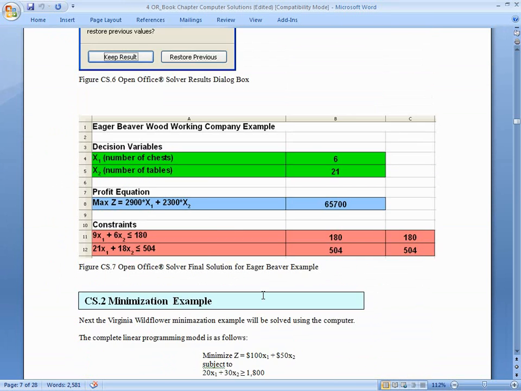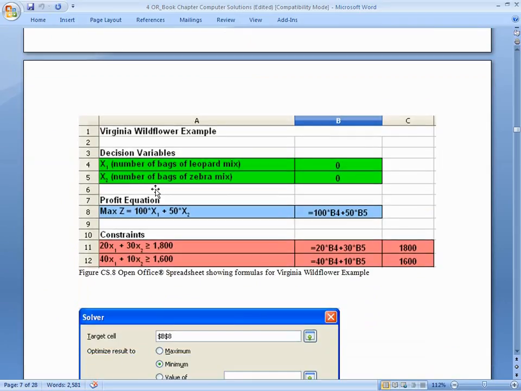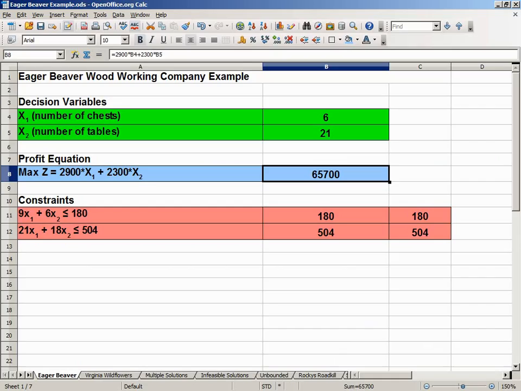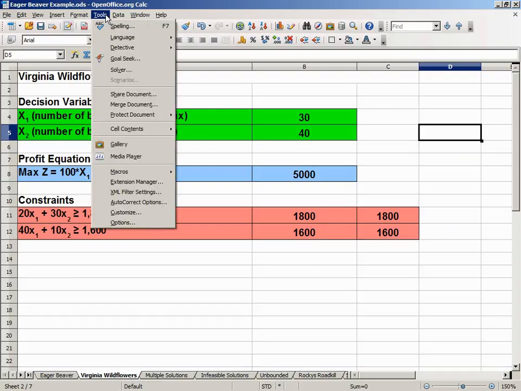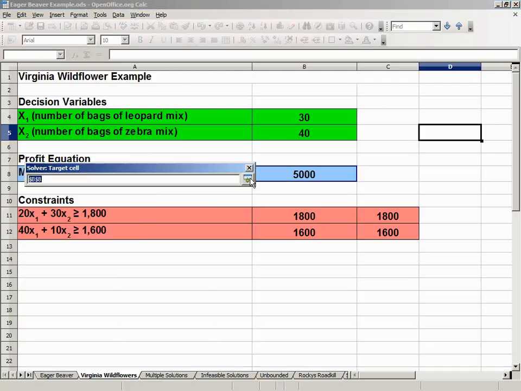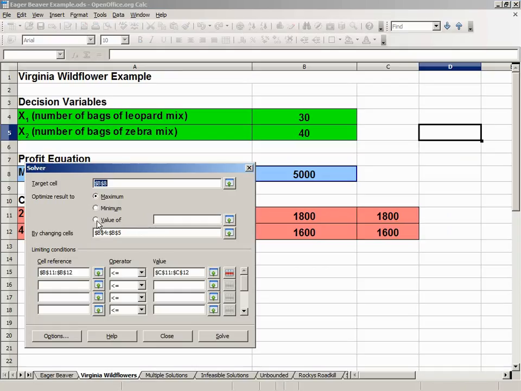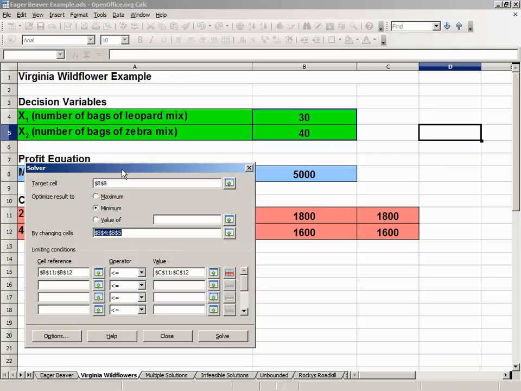And essentially, instead of maximizing, we are just looking at minimizing. So we go in, we say, okay, our target cell is going to be our profit. We want to minimize these two right here, and we want to make sure B11, these have to be greater than or equal.